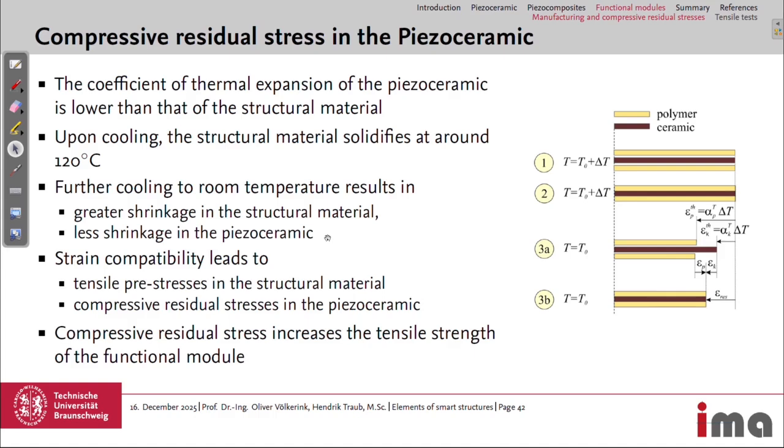So if you have a look here, we have the polymer here and the polymer here, and the ceramic, or it's more the piezocomposite already in the middle.